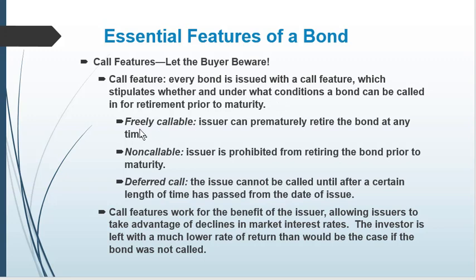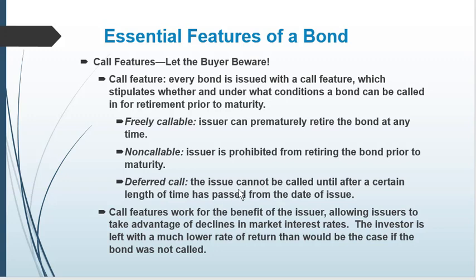Now, debt can be freely callable. That is, they can retire this debt anytime they want. It could be non-callable, which means they can never call this debt back or retire it prior to maturity, or it could be deferred. This is the way a majority of debt is: they have a deferred call feature.